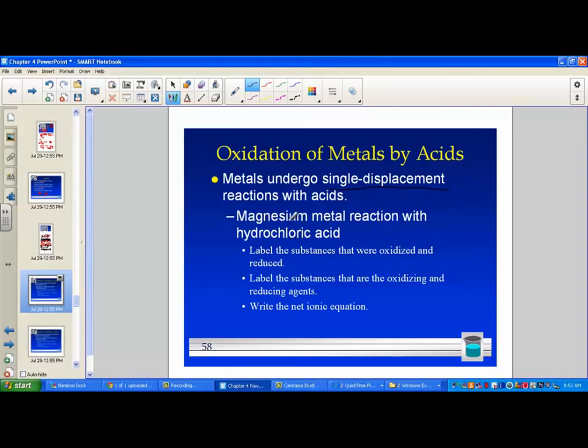Taking a little piece of magnesium ribbon and dropping it into acid and watching the displacement where hydrogen gas will bubble out of solution. Let's look at this familiar format, this equation, labeling the substances that were oxidized and reduced. We'll find the oxidizing and reducing agents and work towards that net ionic equation.